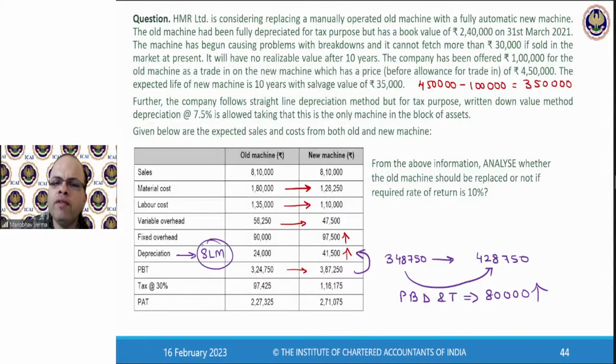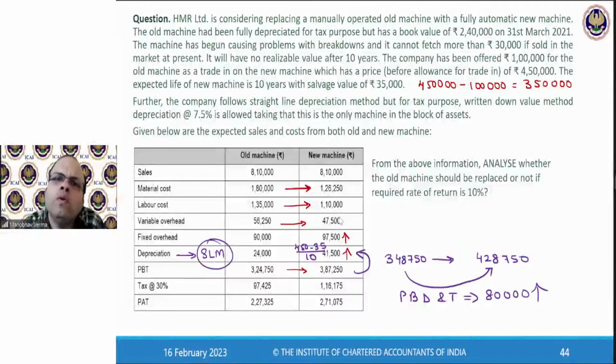And how come they have given 41,500? 4,50,000 minus 35 upon 10 years life. So that 41,500 was a straight line method. But for tax purposes, I have to calculate the depreciation as per the written down value.